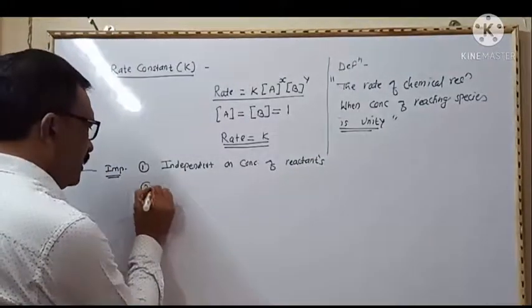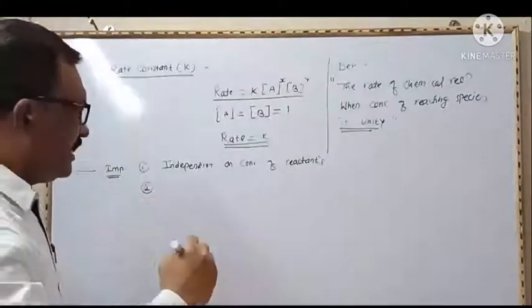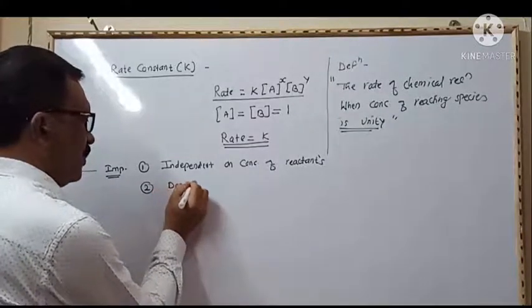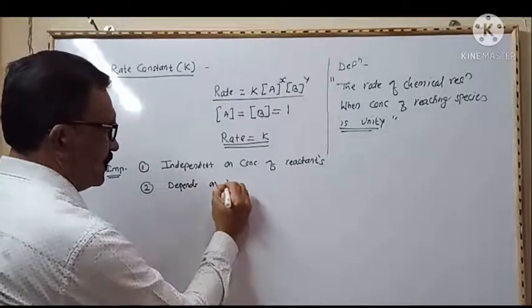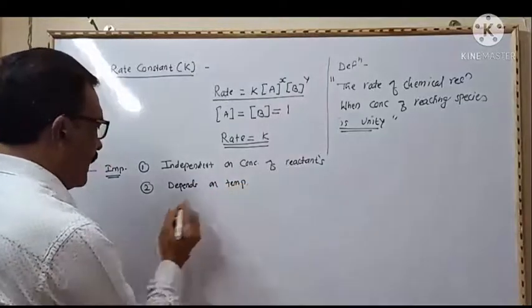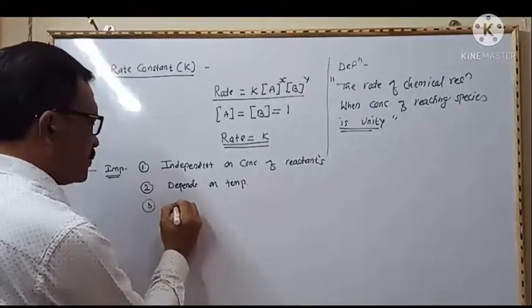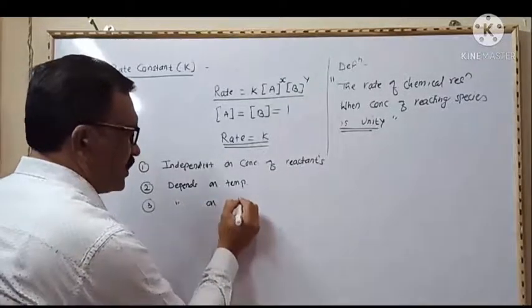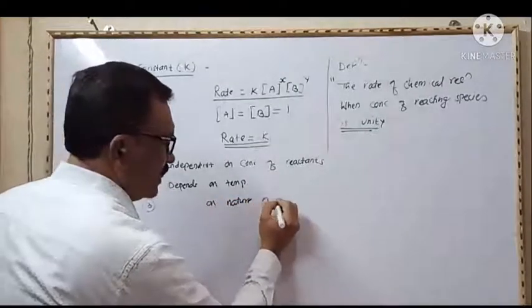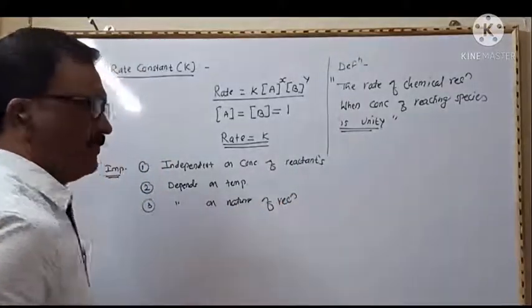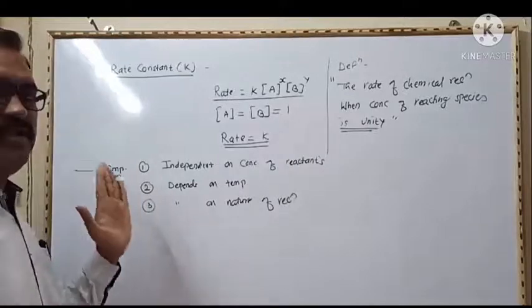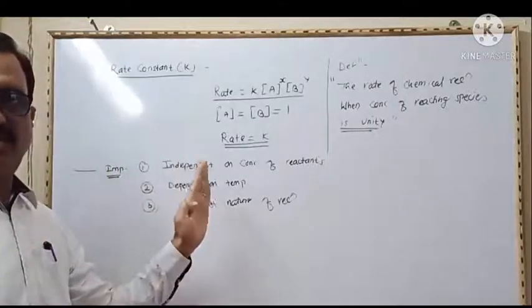Then this rate constant depends on temperature. The rate constant also depends on the nature of the reaction. These three factors affect the value of the rate constant.